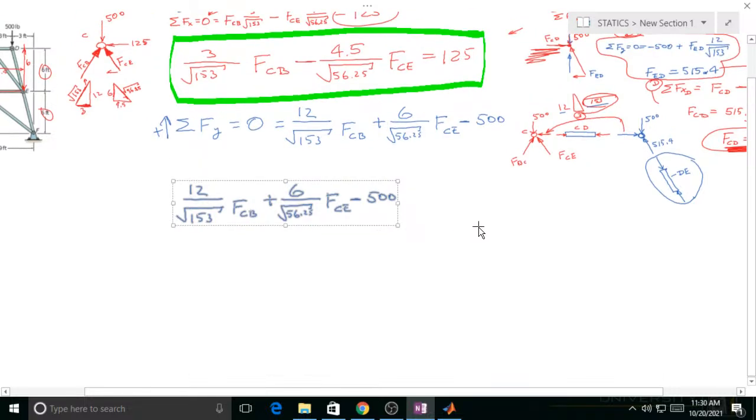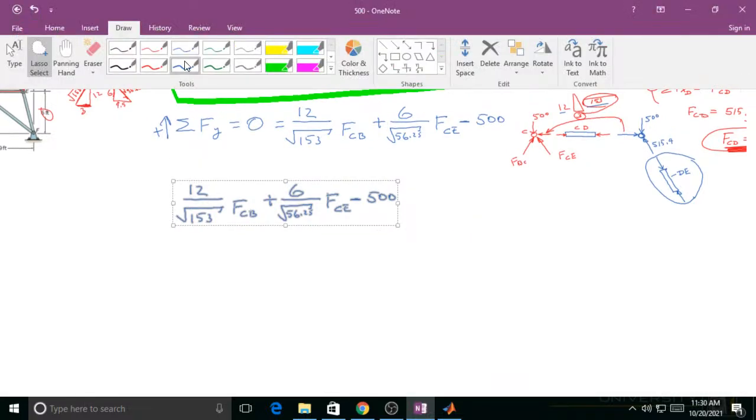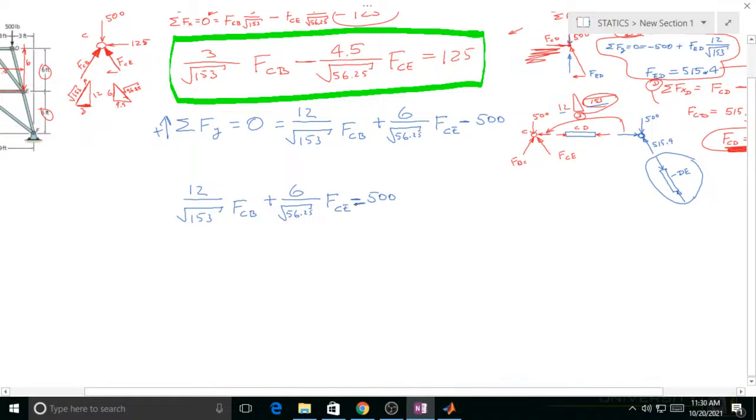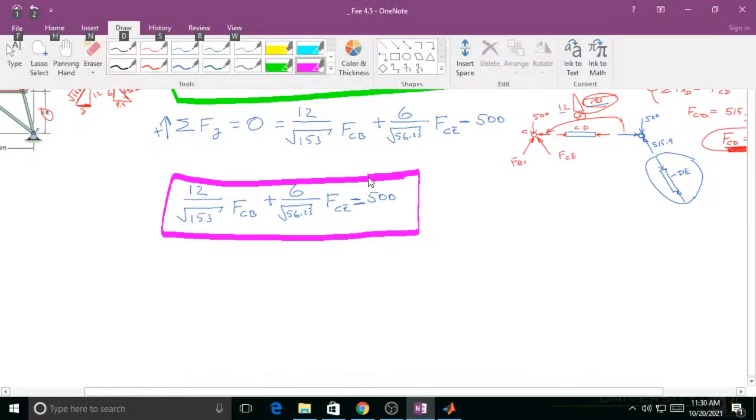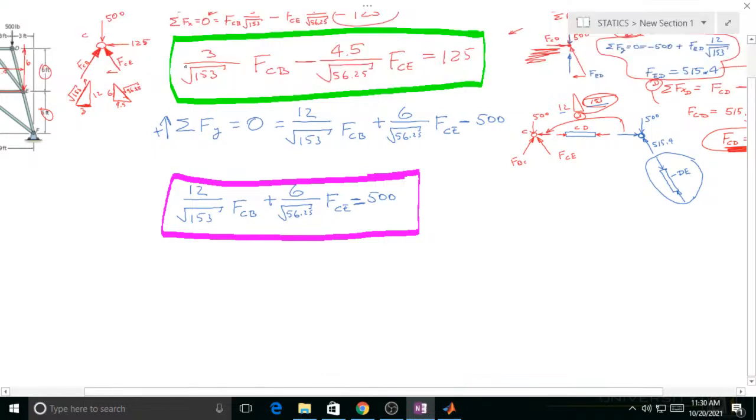And what I'll do now is I'll make it equal. And that gives me my second equation. Now when I see two equations like that, I always think in matrices, and it's probably a good idea to do that.